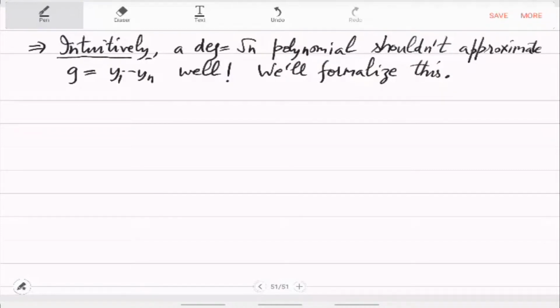Okay. So how should we proceed with this formalization? So what we will do is we will use this fact that there is an approximator for G of low degree. There is an approximator of product y1 to yn.